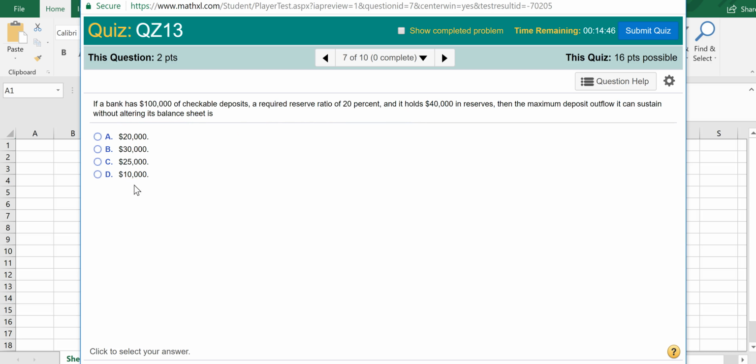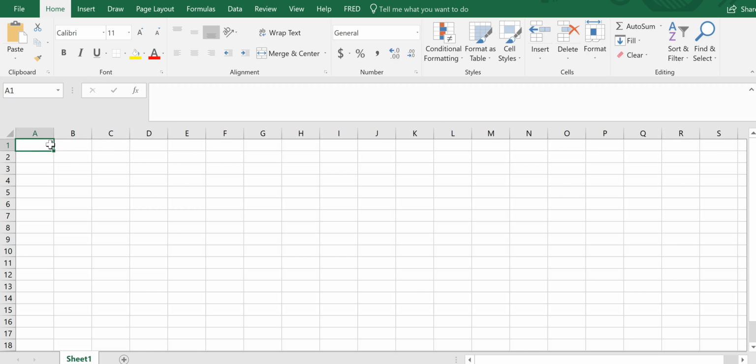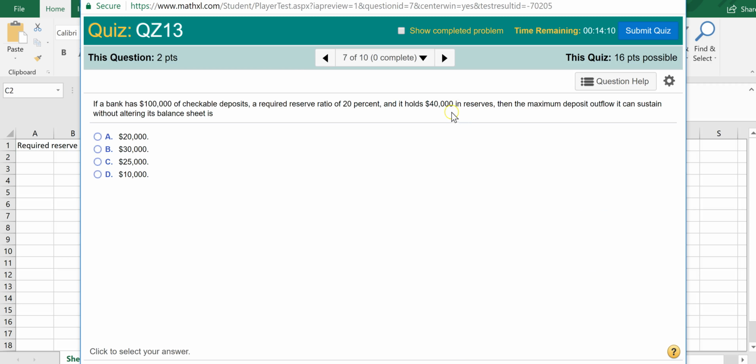So what happens is, first you have some checkable deposits, $100,000, and the reserve ratio is 20%. From these two numbers, we can determine the required reserves, which is simply the checkable deposits amount multiplied by the reserve ratio of 20%. That's 100,000 times 20%, which is 20,000.